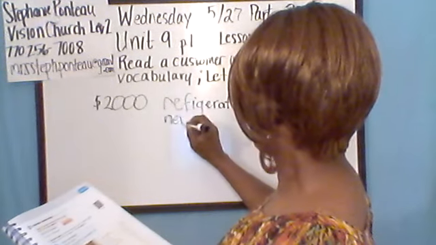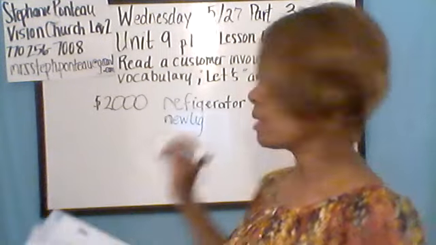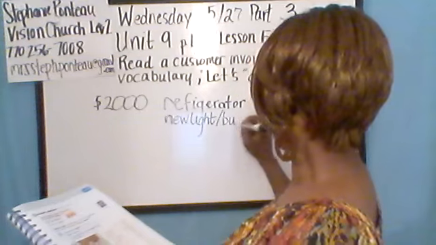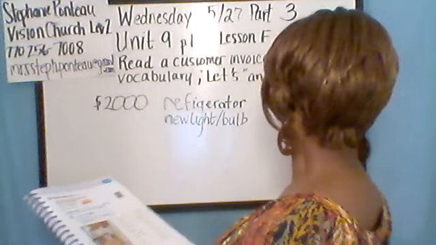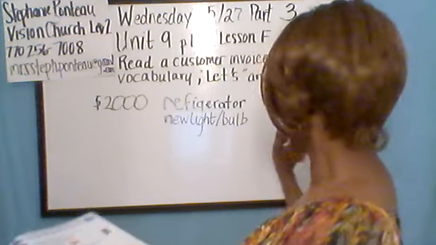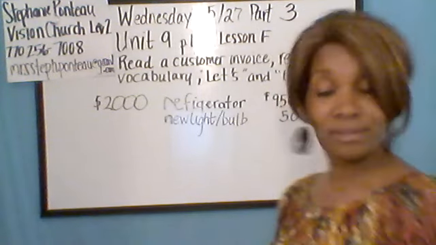So for a new light, which is the same as saying a new light fixture, we'll just say new light and bulb. That's 45 and 5, which is $50. So now we're at 1,000. 950 and 50 is 1,000. So we still have $1,000.